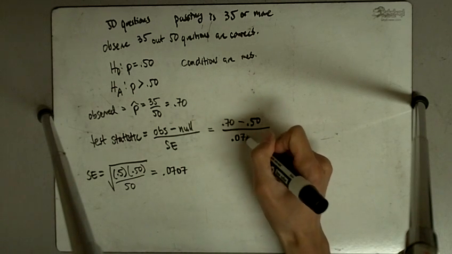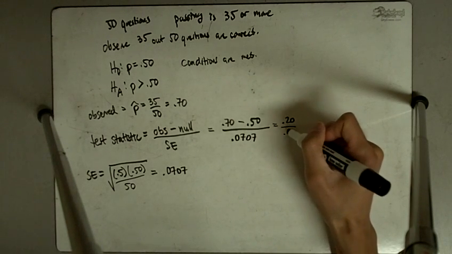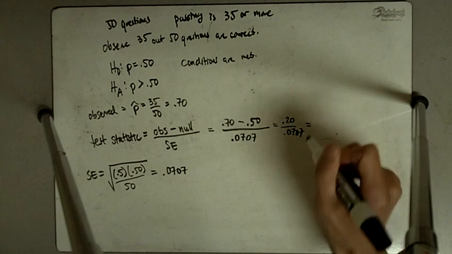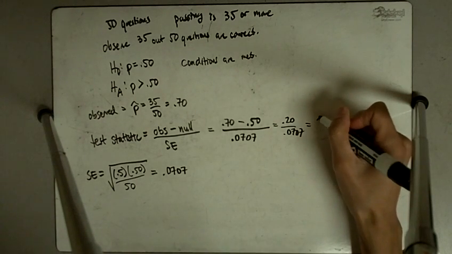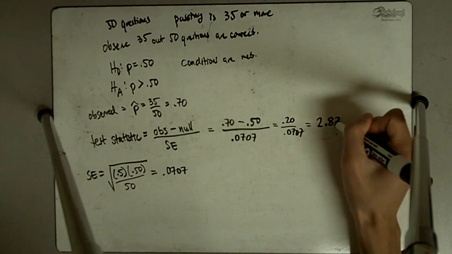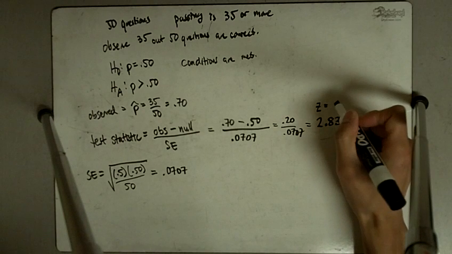So I'm going to plug that in right here. On top I have 0.20 divided by 0.0707, and I get a test statistic of 2.83. So my z is equal to 2.83.